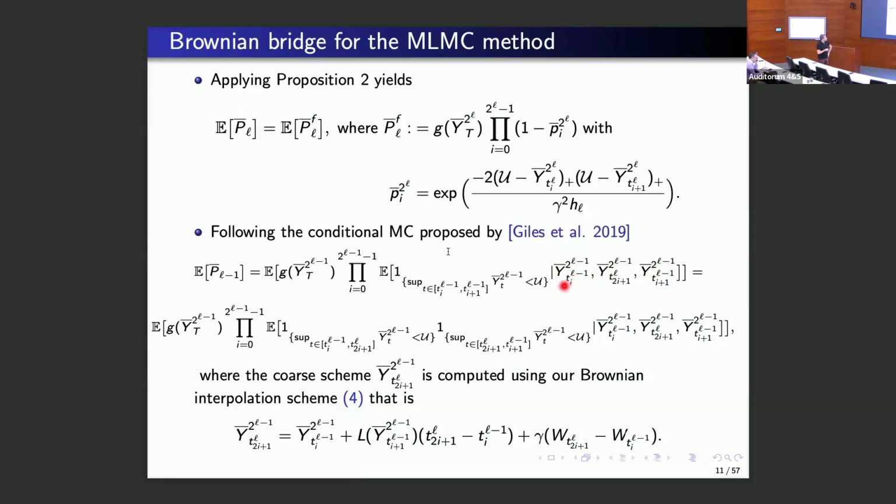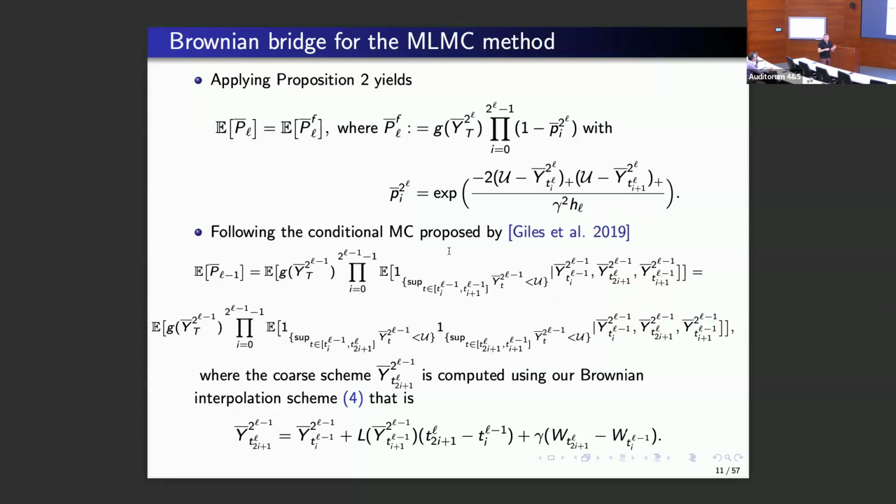The classical one would be to condition simply with the first point and the third point coming from the coarse grid. Mike Giles proposed to add a third point, which is still your coarse scheme, but evaluated at the point in the middle between the two, that is, the point in the finer grid between t_i^(L-1) and t_(i+1)^(L-1). This helps a lot because you have more information, as you can see.